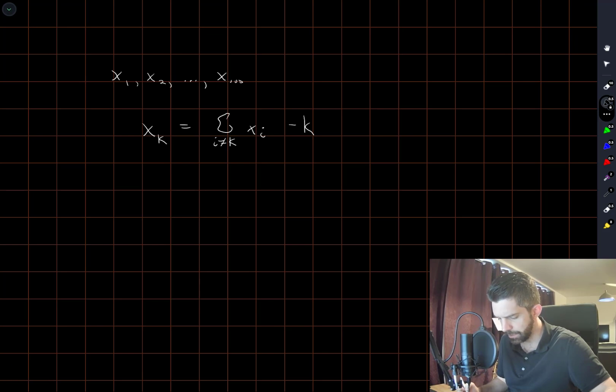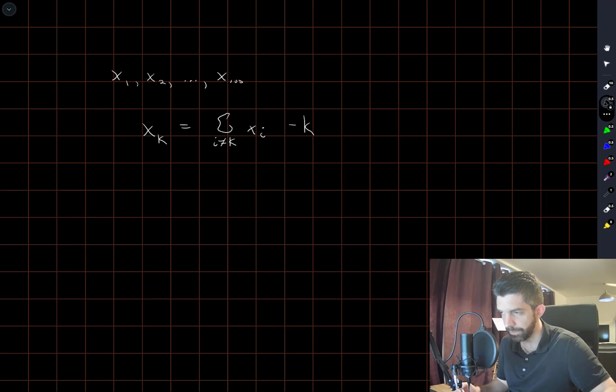My first inclination here is maybe to add all of these equations up for all values of k, because then what I'll have here on the left-hand side is just the sum of all the numbers. Here, what will I have? Well, I have 99 times the sum of all the numbers, and then here I just have the sum of the integers from 1 to 100.